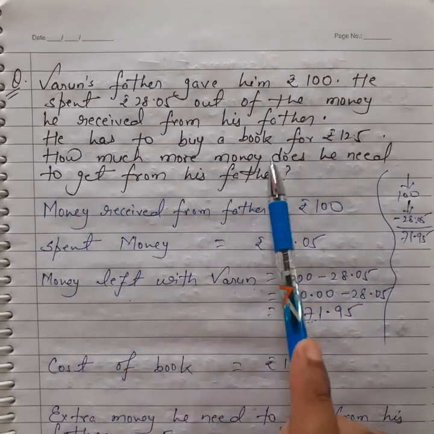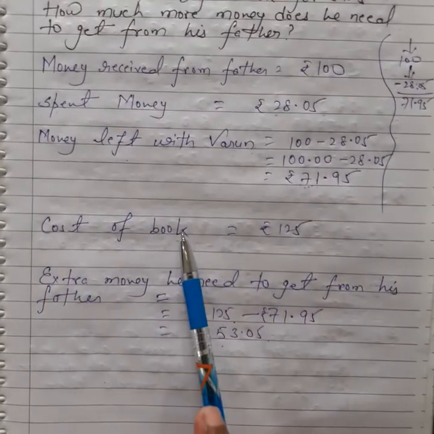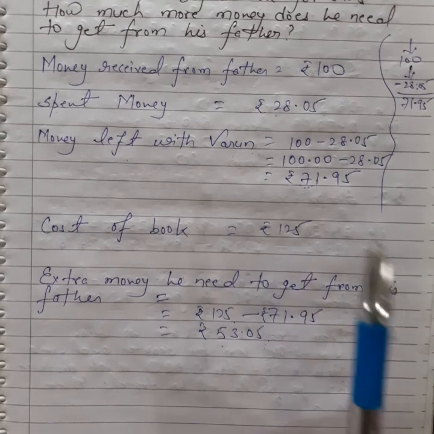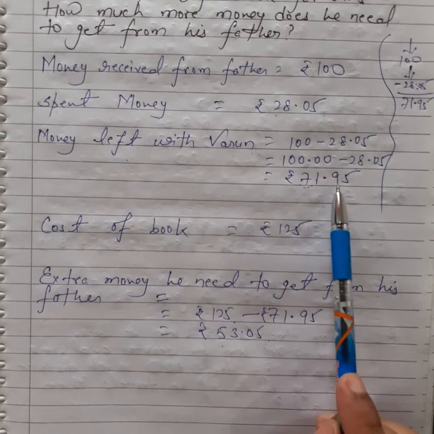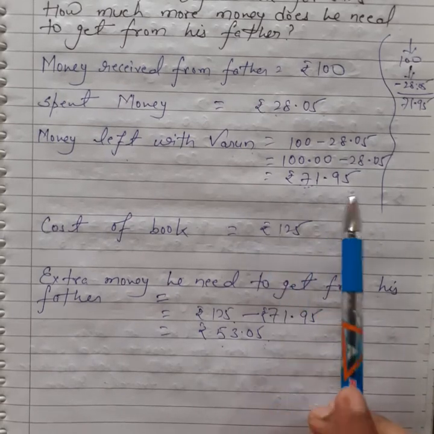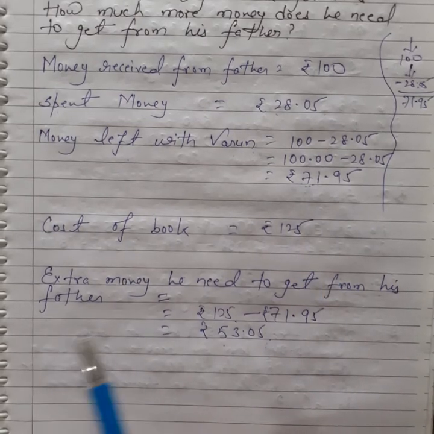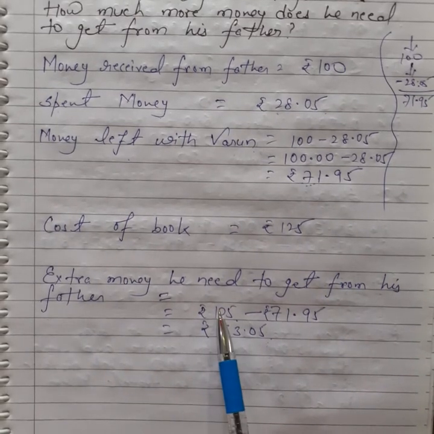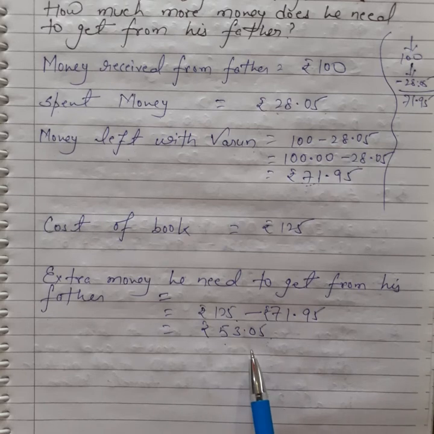How much more money does he need to get from his father? So cost of the book is given rupees 125, but he has only 71.95 rupees. So he needs to get more money from his father. How much more? That is the cost of the book minus money left with Varun. That is 53.05 rupees he needs to get from his father.